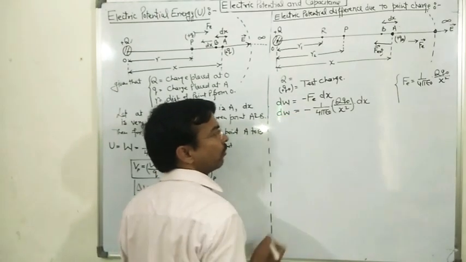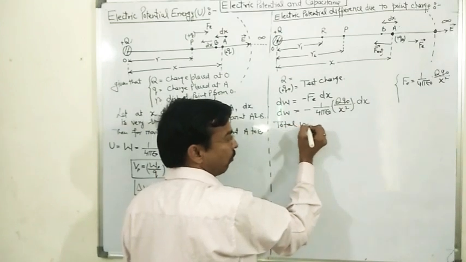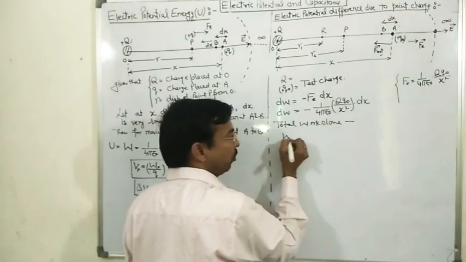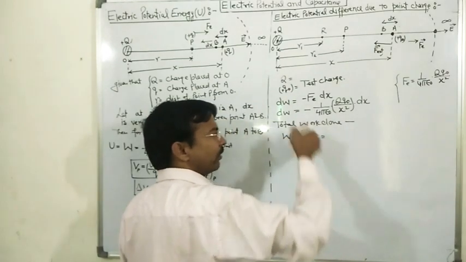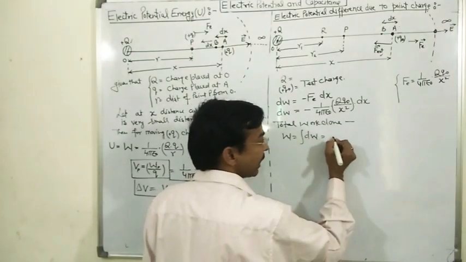Then what will be the total work done? The total work done W can be written as the integration of dW. The whole derivation is similar to the previous one, but what is the slight difference here?